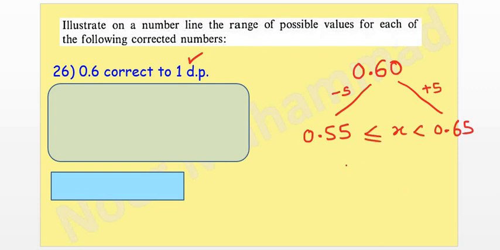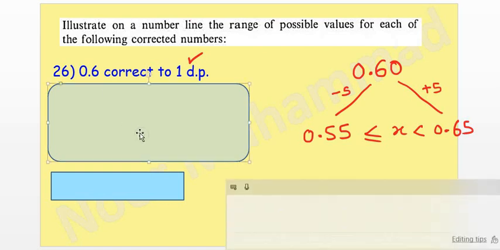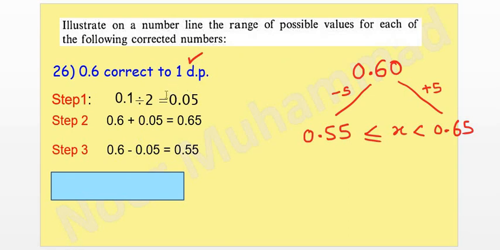So it's ready, right? But if you want to go with the other method I told you, you have to divide. Okay, look at this. One decimal place means you take 0.1 and divide it by 2. In step 1 you divide it by 2. Your answer is 0.05. So what do we have to do with this 0.05?